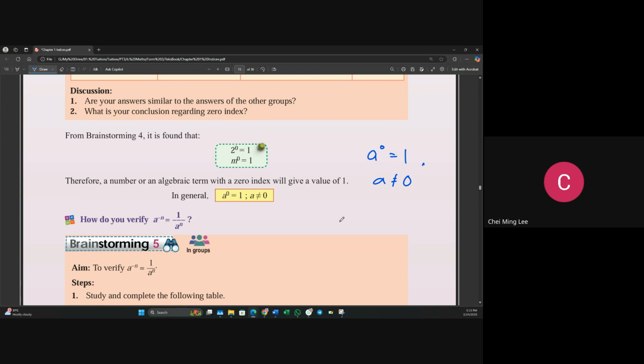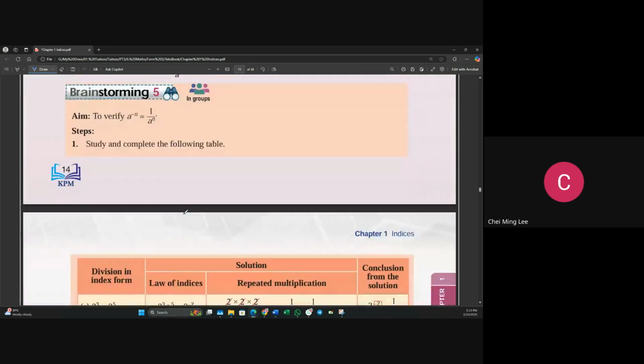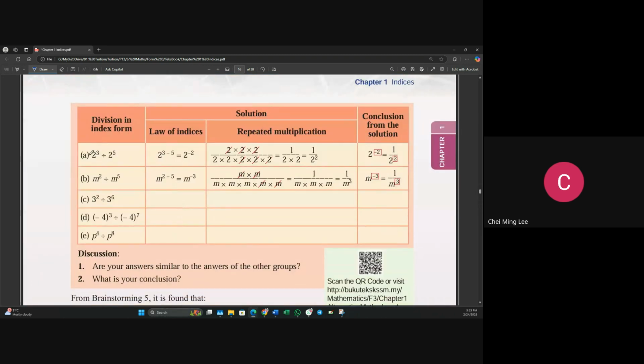Okay, now for negative powers, first, 2 to the power of 3 divided by 2 to the power of 5. 2 to the power of 3 is 2 times 2 times 2, divided by 2 to the power of 5, which is 2 times 2 times 2 times 2 times 2. Simplify top and bottom, so here is left 1, here is left 2 times 2.